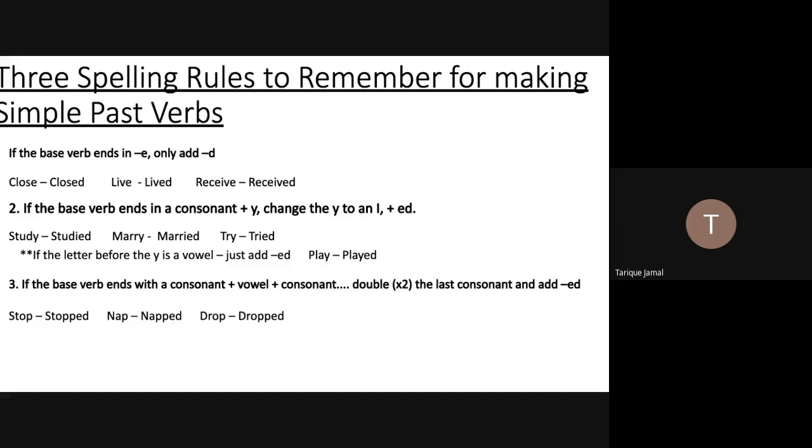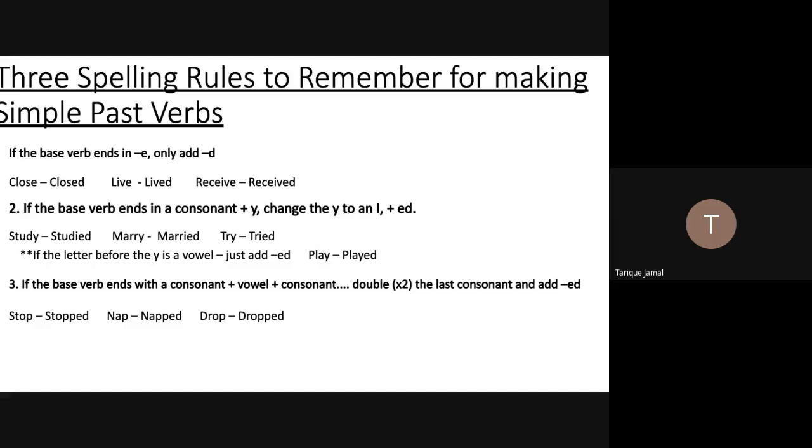If the base verb ends in a consonant plus Y, change the Y to an I plus ed. So we know consonant, right? Any letters other than the vowels are consonants, correct? The vowels are A, E, I, O, U. These five letters are vowels, and any letters other than these five are known as consonants.